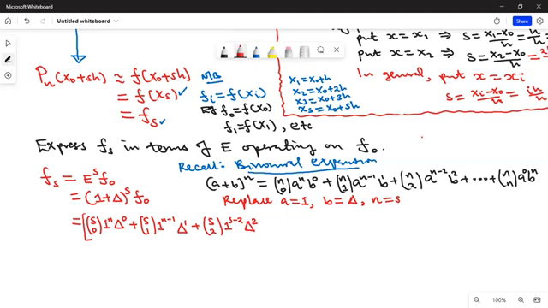We can go to 3, plus s combination 3, 1 raised to s minus 3, delta cubed, plus so many other terms.